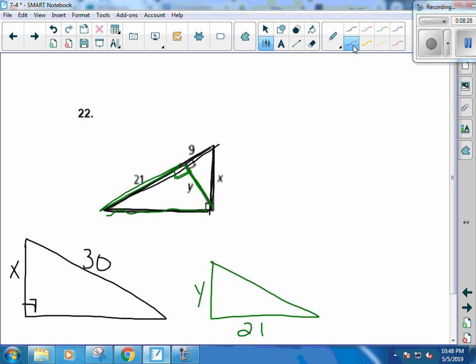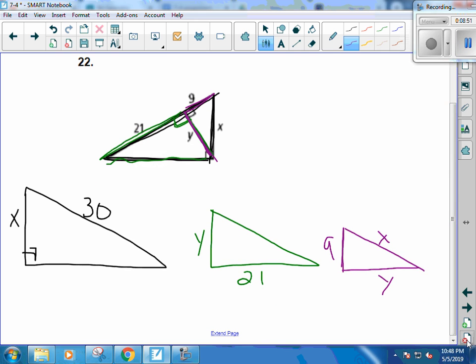Okay, one more. The middle is the longer part of the smallest triangle, so it's y. Short side is 9. And this time I do have a hypotenuse, which is x.